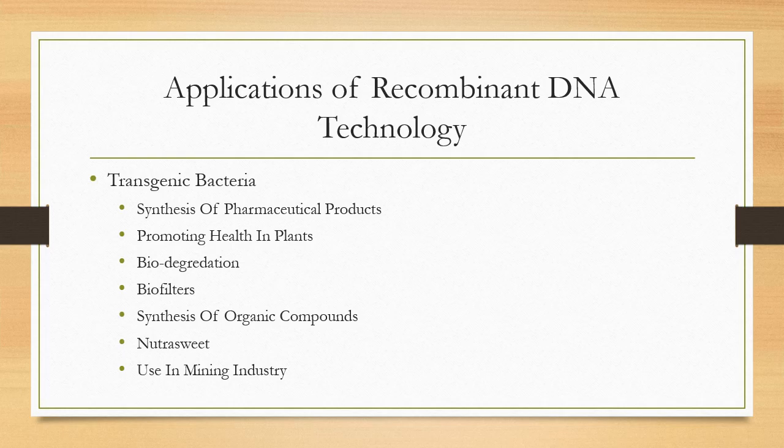Bacteria have the ability to detoxify the pollutants which are emitted from the industries. So by transforming these abilities through genetic engineering, these bacteria can help to filter our environment of these pollutants.